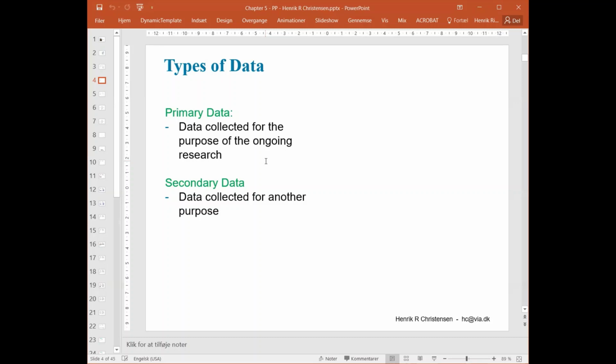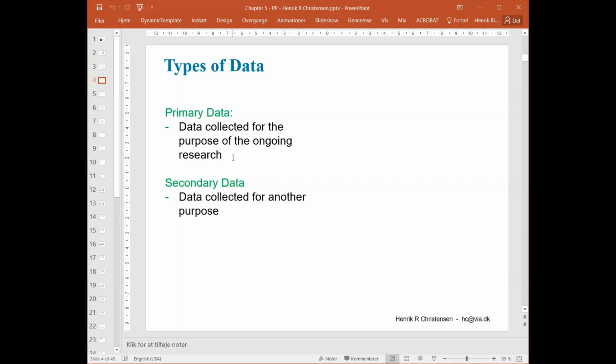Simply means if we have a project of investigating the satisfaction of employees, then we might do a little survey, or we might interview some people in the company, and we are interviewing them with the intention of using those responses or narratives that they supply us with in order to talk about satisfaction in the company, and therefore these data support the purpose of our research.